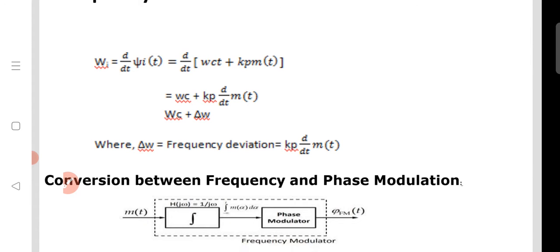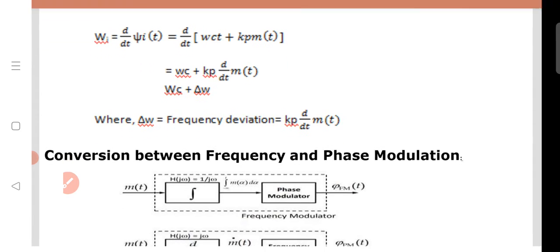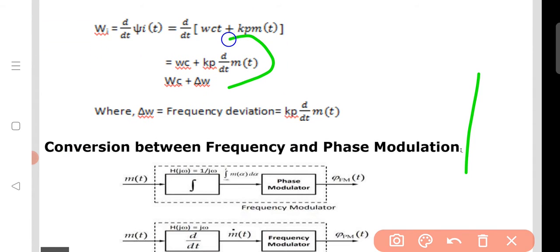Here also, the differentiation of the message signal is mixed with the frequency deviation. That's why the final output is phase deviation. We consider it as phase deviation.